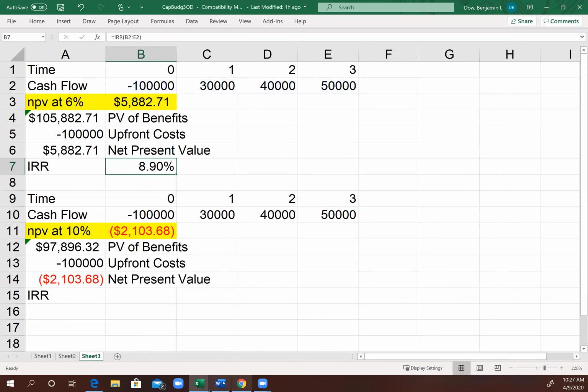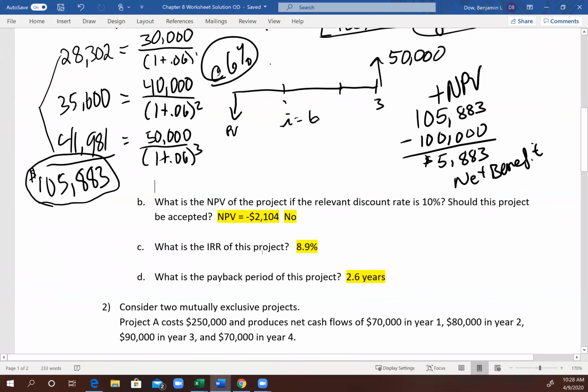So what does this mean? This means in order to solve IRR problems, we're going to need a financial calculator or Excel. In Excel, it's real easy. Just type in equals IRR and calculate.